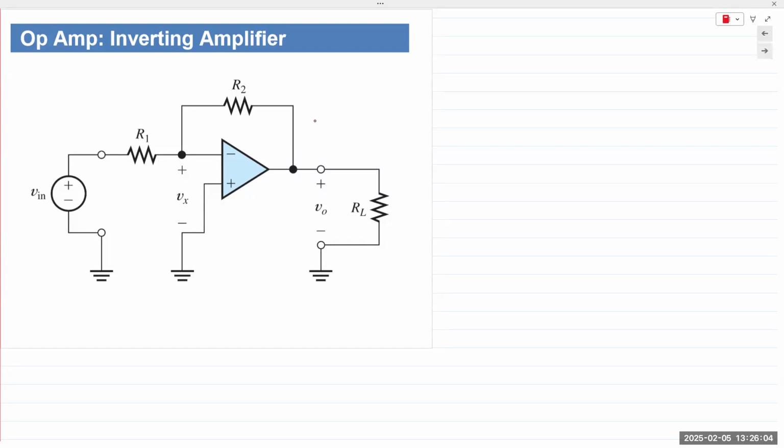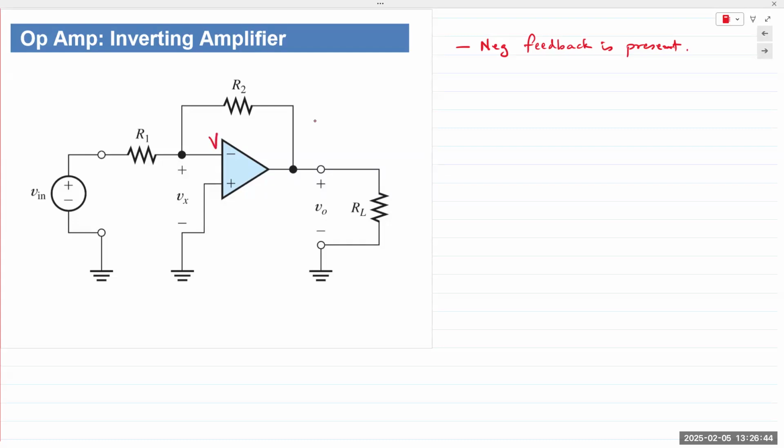First, let's verify negative feedback. So here's the output, and a portion of the output is connected to the inverting terminal. Hence, negative feedback is present. So inverting configuration, negative feedback present. Let's look at the other terminals.